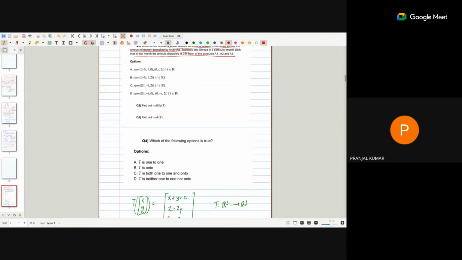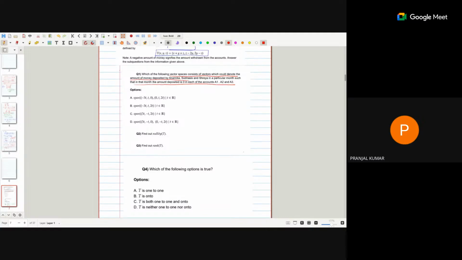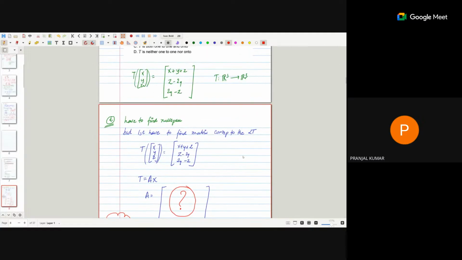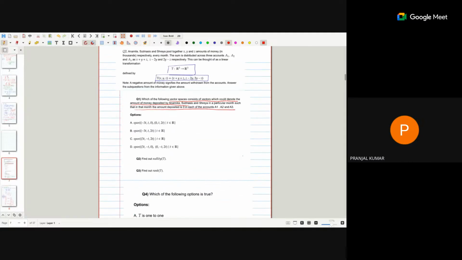It is asking you to find the null space. Just read this question: which of the following vector spaces consist of vectors which could denote the amount of money deposited by Anamika, Subhashish, and Shreya in a particular month is 0.